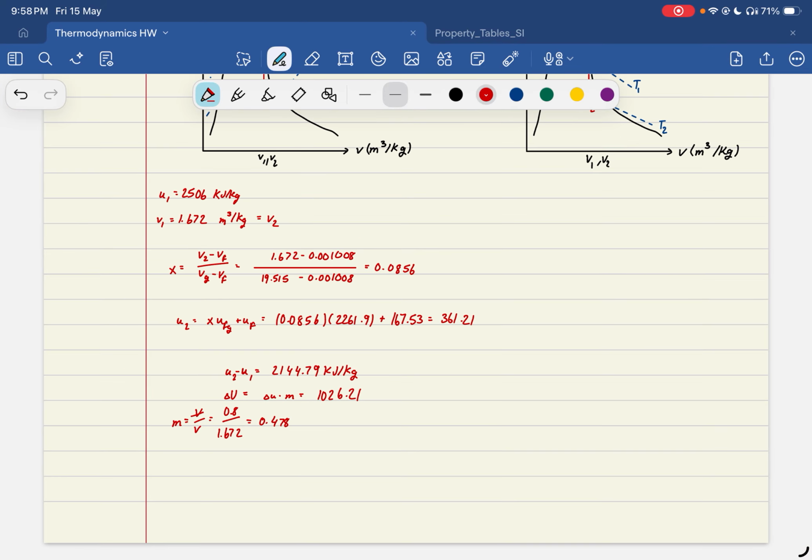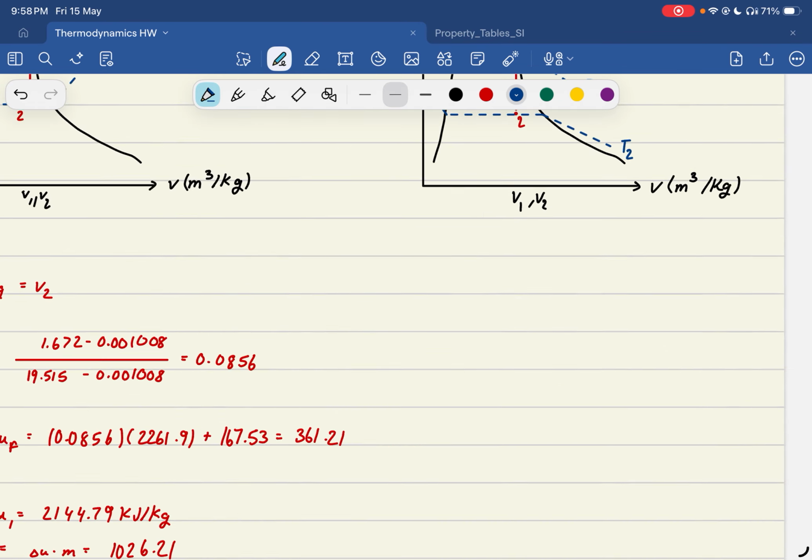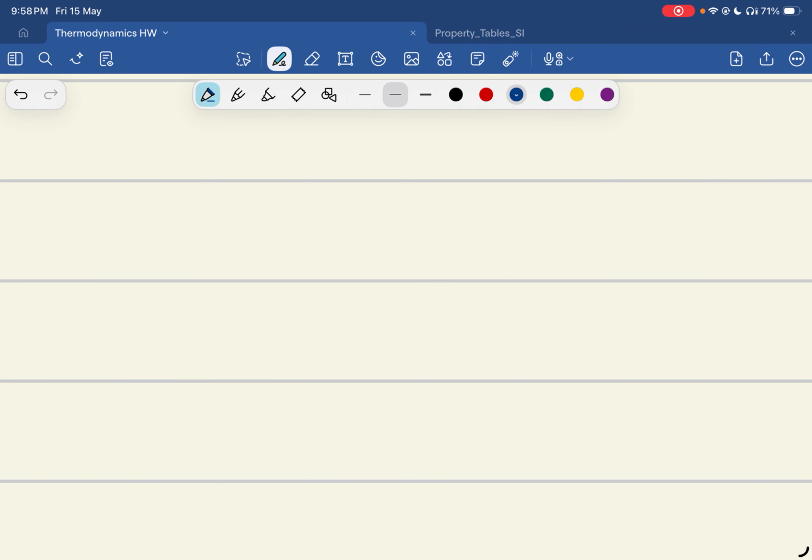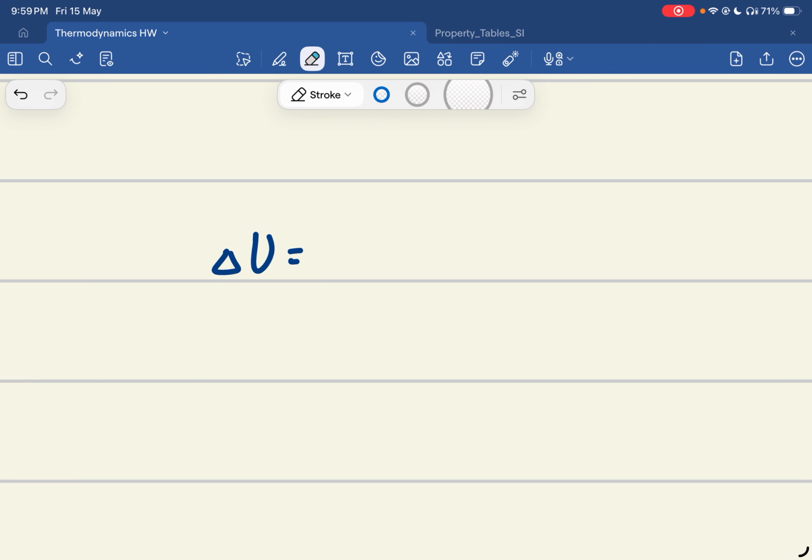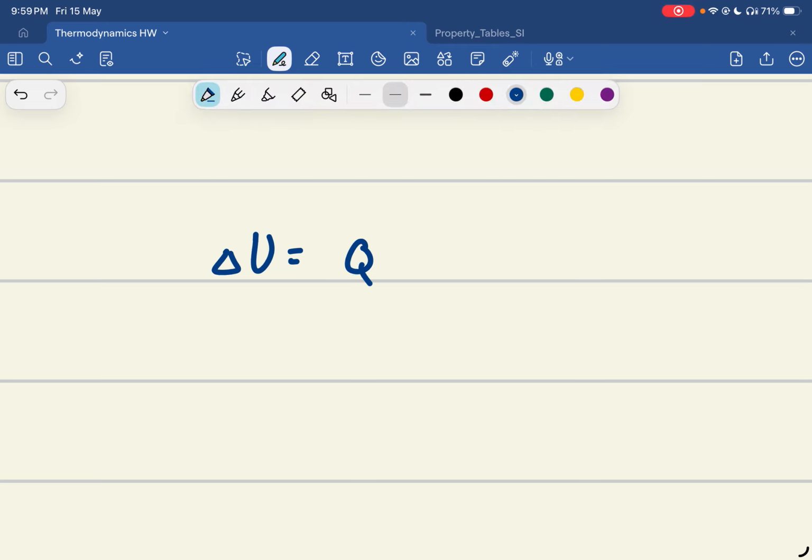Now from the energy balance, we know it's stationary, so there's no kinetic or potential energy. There's only Q out, and we don't have any boundary work or any other work because it's rigid, and we don't have any mass flow in or out because it's a closed system.